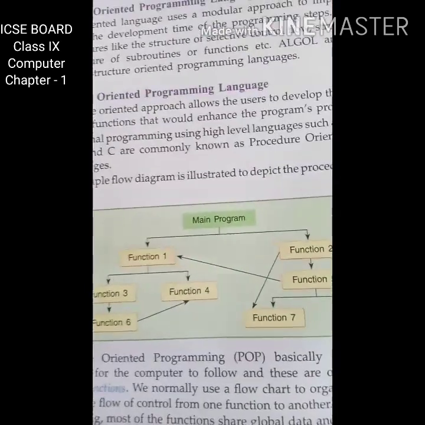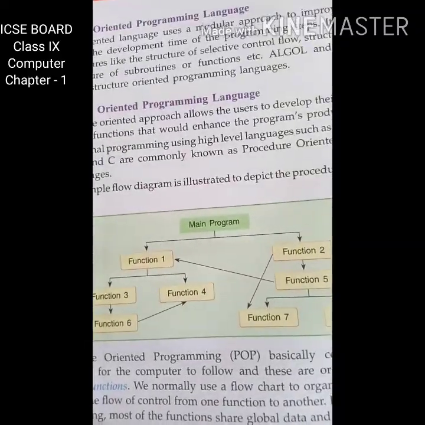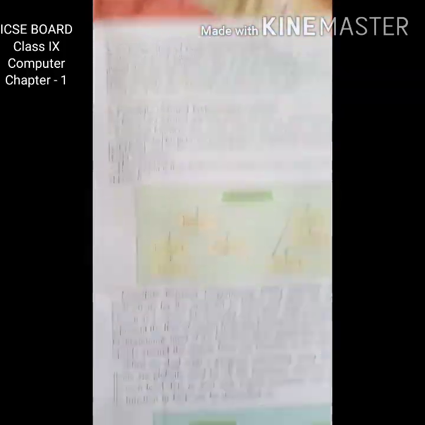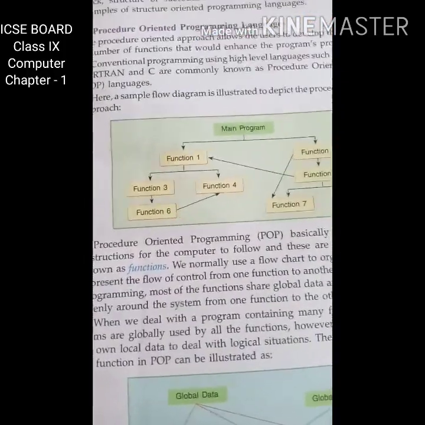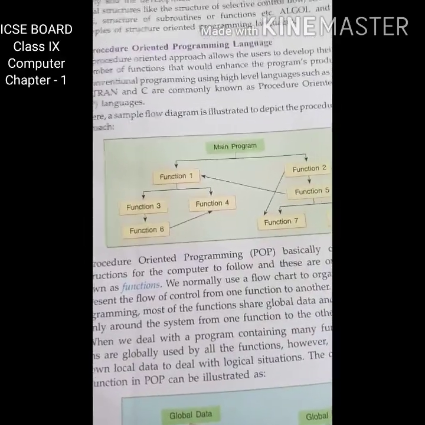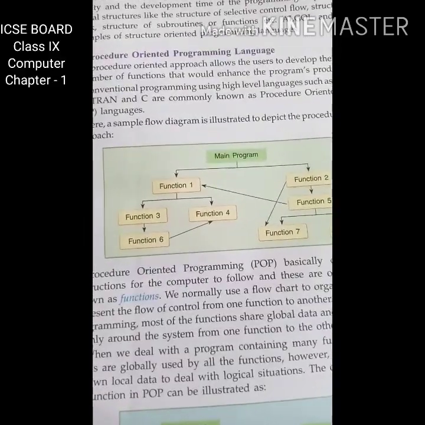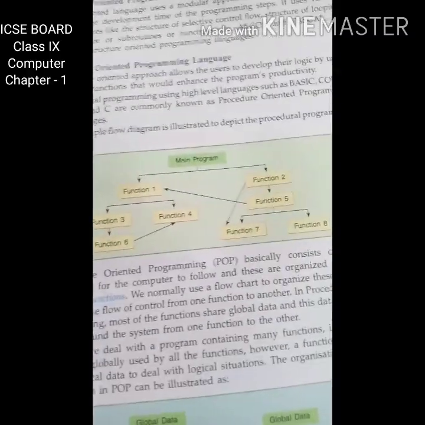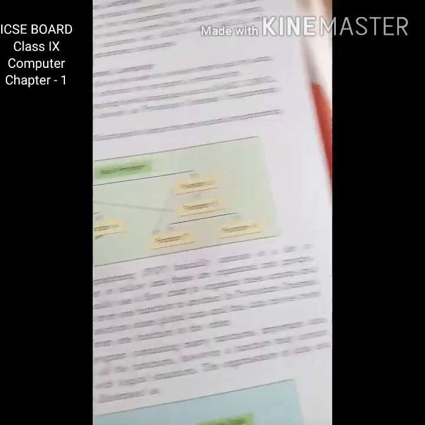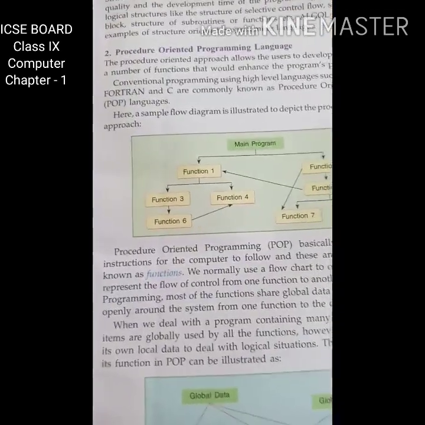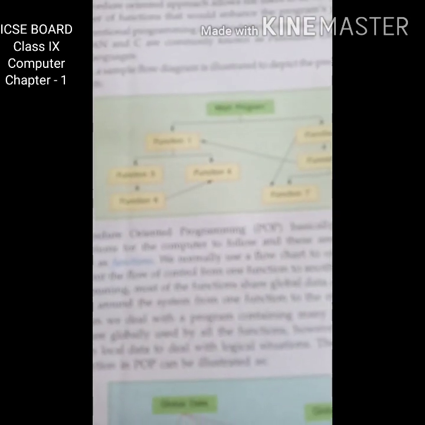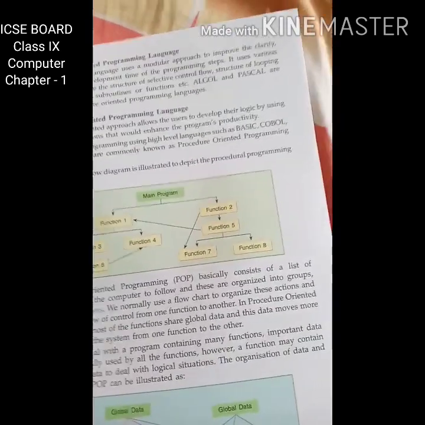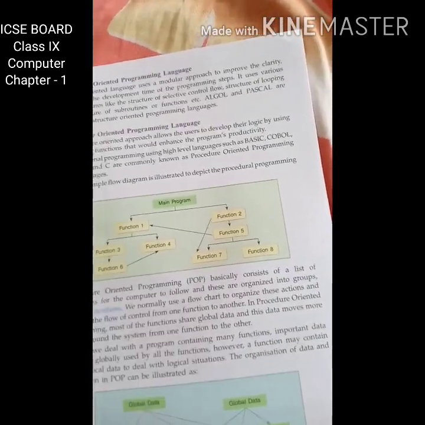And this is the main program, and function 1, function 2. So procedure oriented programming mainly depends upon functions. Step by step, top down approach, we use top down approach in procedure oriented programming system. Procedure oriented programming, POP, basically consists of a list of instructions for the computer to follow, and these are organized into groups known as functions.